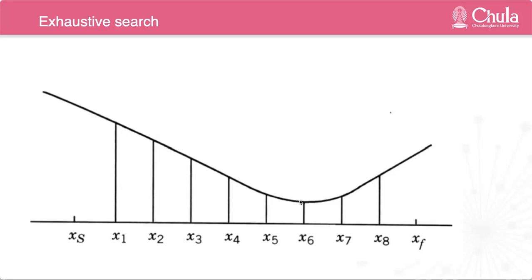Because it's not one interval. Each small interval is L0 divided by n+1, right? And we cannot be sure whether our minimum point lies between x5 to x6 or x6 to x7.